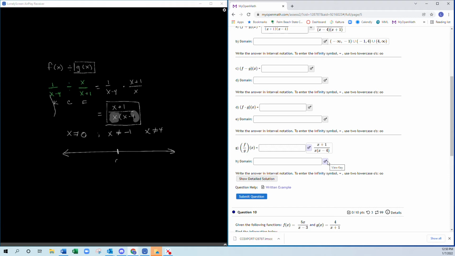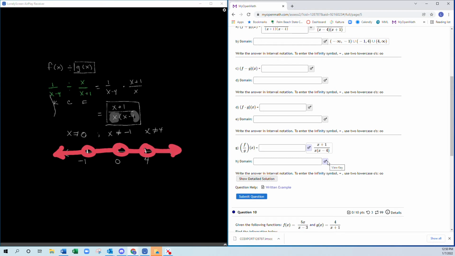I know 0 is being excluded, I know -1 is being excluded, and I know 4 is being excluded. So what that looks like here is an open circle on -1, open circle on 0, and open circle on 4.